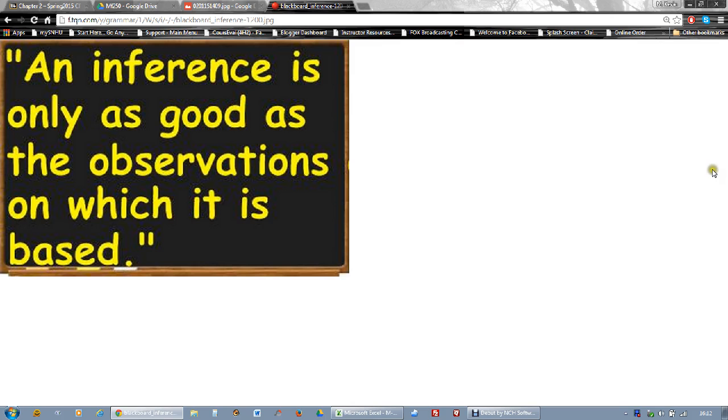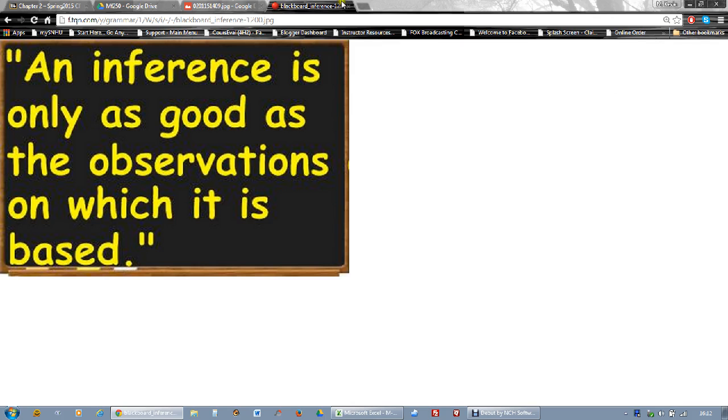You can make an inference that all the cars on the highway are driving 75 miles per hour. And you know, as a statistician, that there is a tolerance, and some people will drive faster and some people will drive slower.